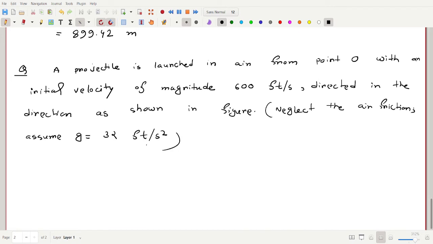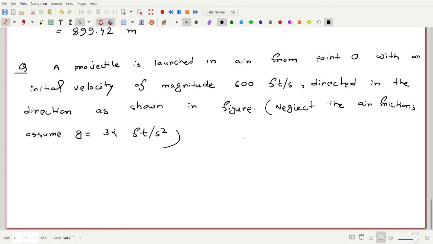Fine. So let me draw the figure. This is the x-axis, this is the y-axis, and this is the z-axis. The projectile is directed in an upward direction which makes an angle. Look, this is the direction of velocity.